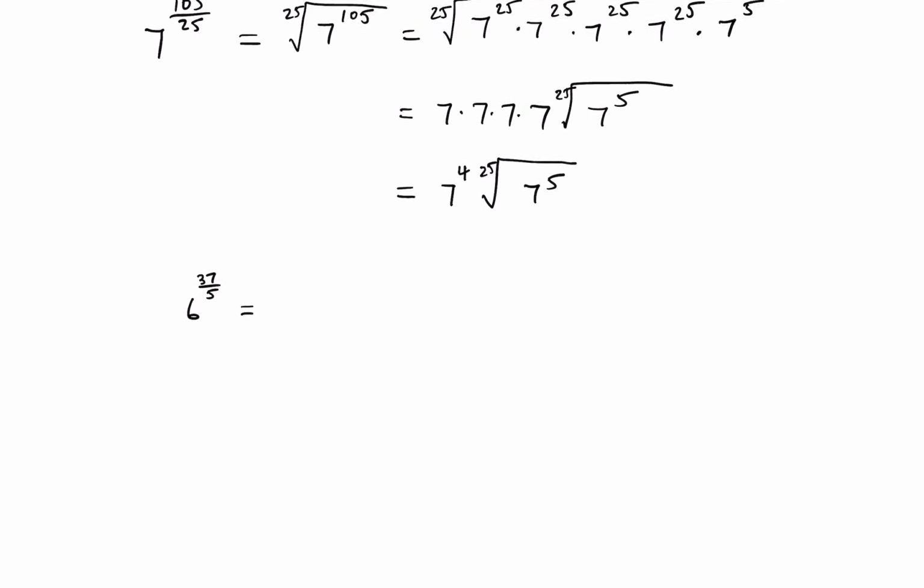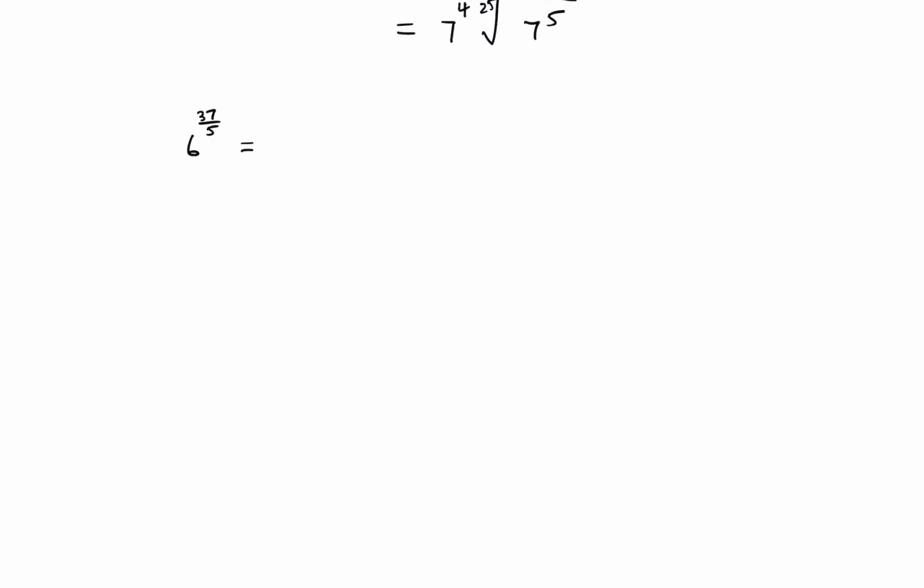Let's do one more example just to reinforce what I was just showing you in the previous example. So we've got 6 to the 37 over 5 power. This works out to the 5th root of 6 to the 37 power.